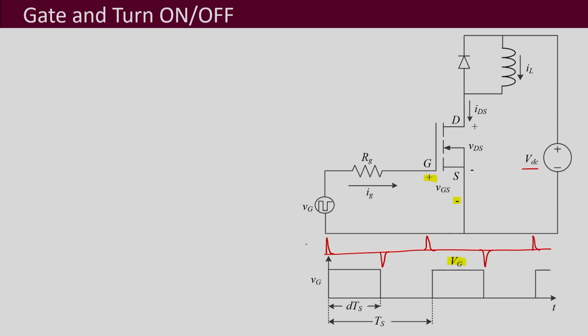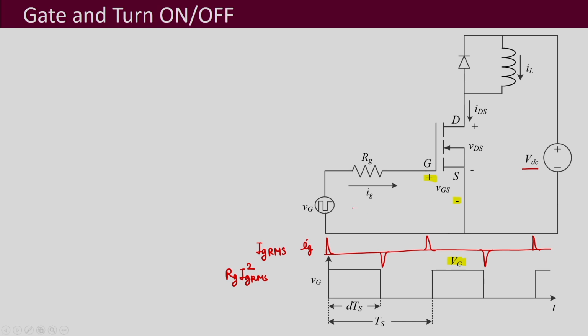So, the Ig RMS would be a very small value, because there is going to be some loss associated with it, and that loss is Rg into Ig RMS square. That is the power loss associated with this Rg.